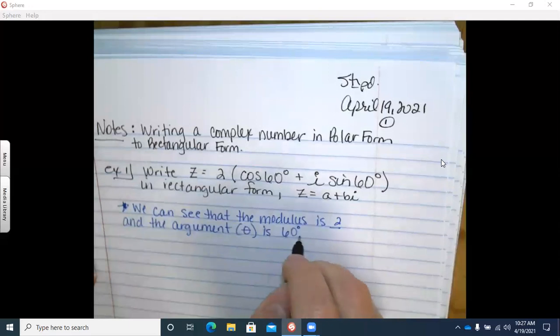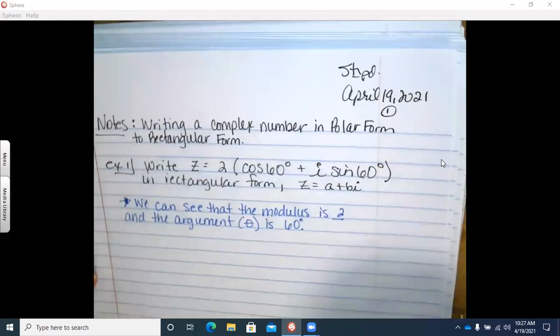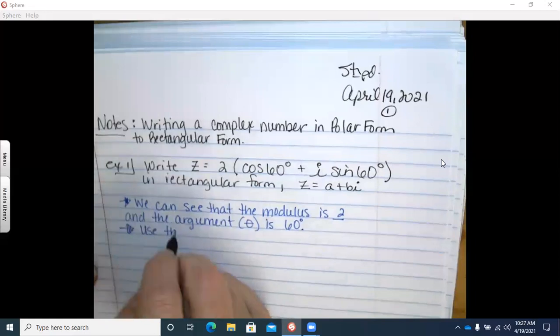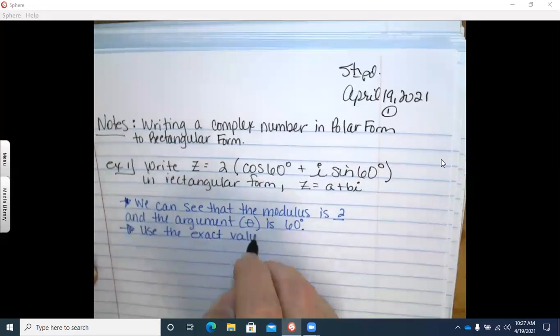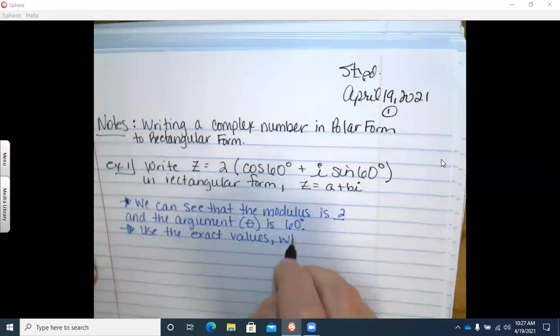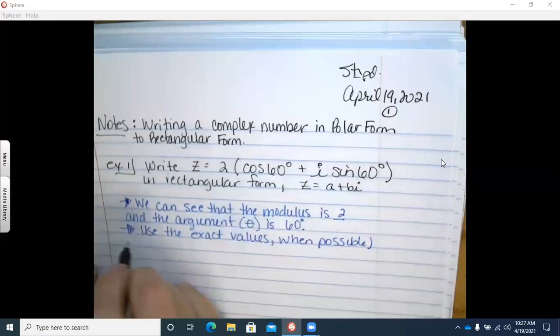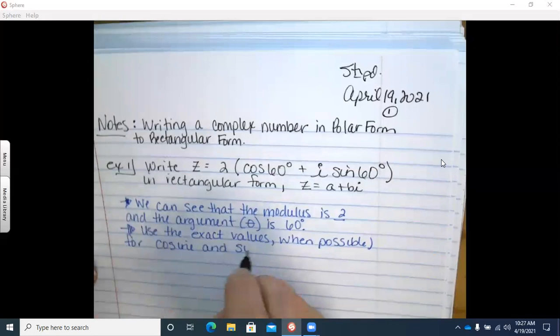Okay. So we're going to use the exact values when possible for cosine and sine to write the number in rectangular form.